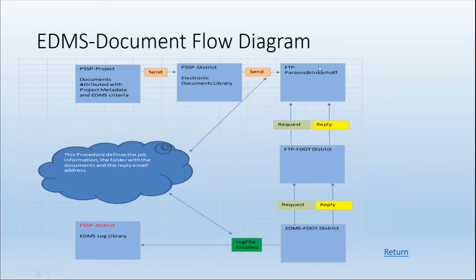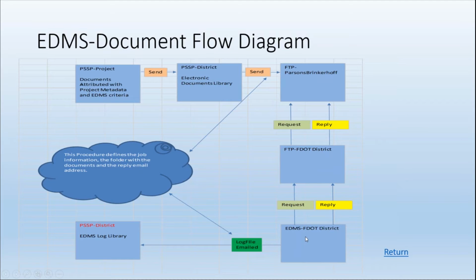And when the site says yes, here's a whole bunch of them that you need to put in EDMS. This process then takes the information, and there's an import program that runs on the EDMS servers in the district that will read the information and the documents and load them into the EDMS document storage area.